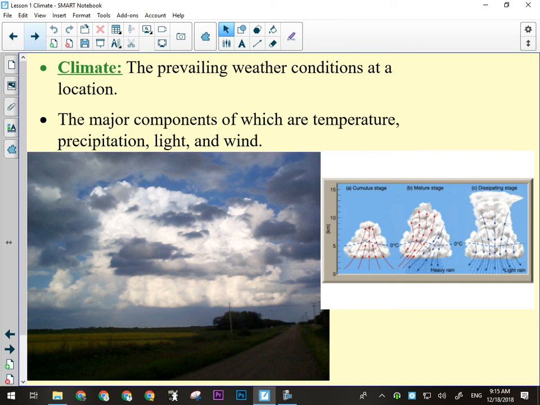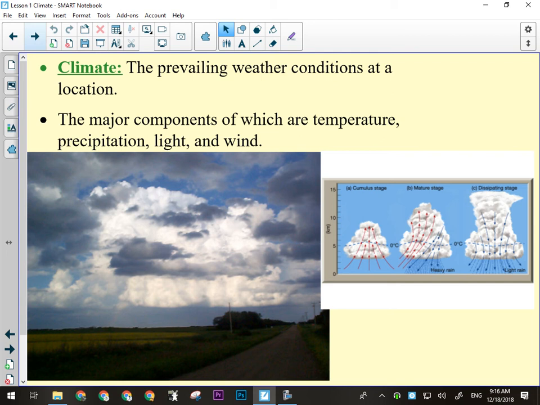Those are the components of climate because they're the components of weather. Climate is the prevailing weather conditions at a location. It's not the average. People get that confused. People always say, "Oh, the climate's just your average weather."